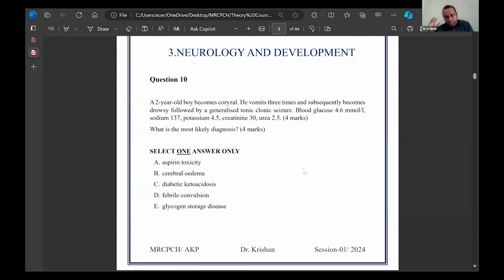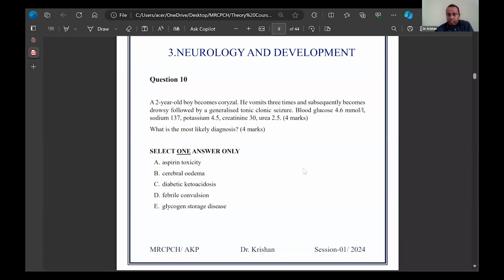A 2-year-old child became coryzal. He vomits 3 times and subsequently becomes drowsy, followed by a generalized tonic-clonic seizure. Blood glucose 4.6, which is normal, sodium 135, potassium 4.5, creatinine 30, urea 2.5.